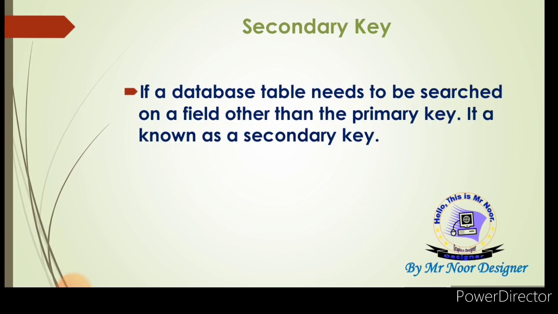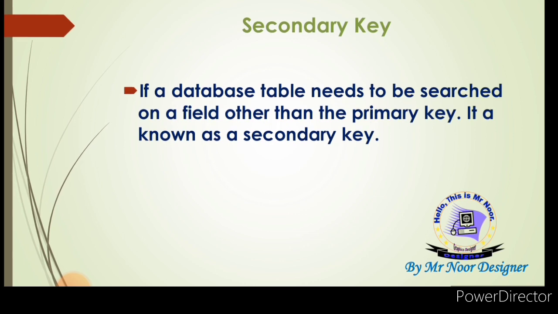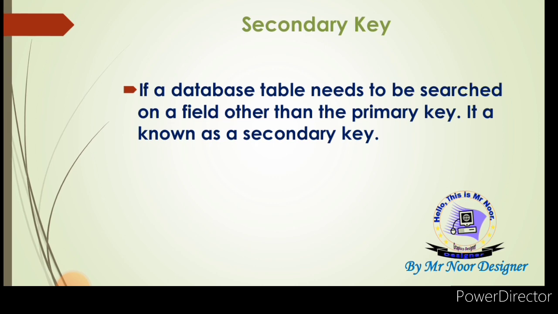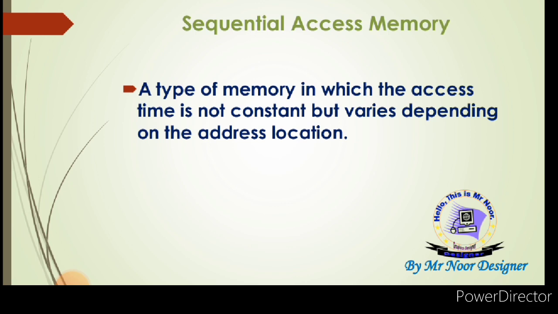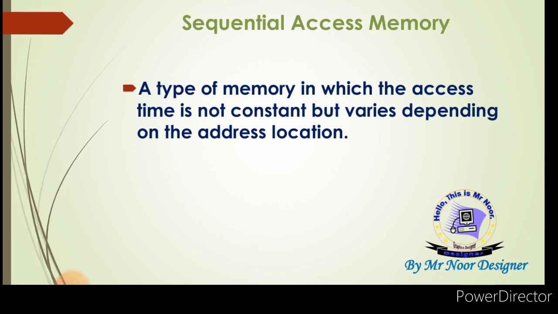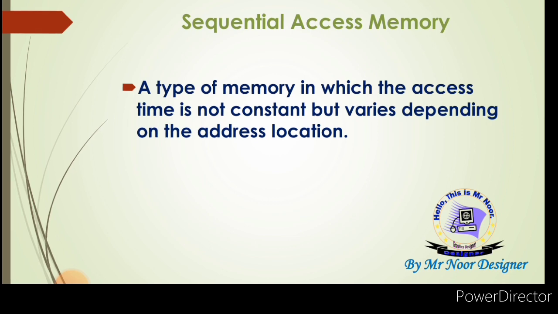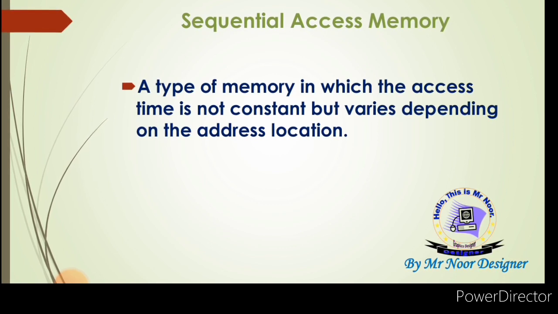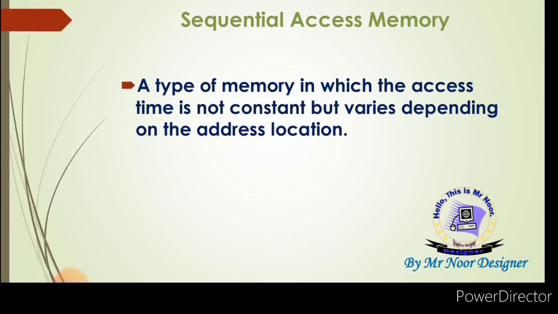Secondary key, if a database table needs to be searched on a field other than the primary key, it is known as secondary key. Sequential access memory, a type of memory in which the access time is not constant but varies depending on the addressing location.